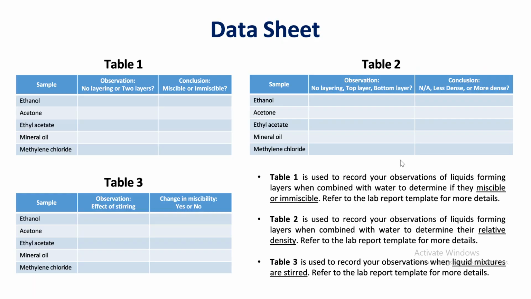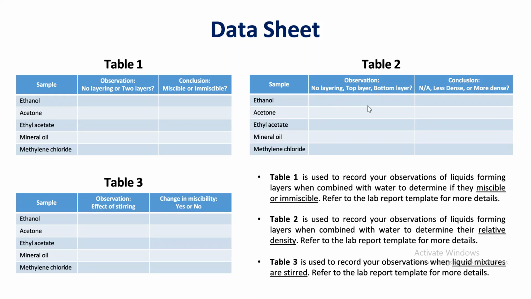So let's start off by showing you the tables again, which you'll find on your lab data sheet. For table 1, you are just going to say, do you see 2 layers or no layers, miscible or immiscible. For table 2, if you see any layering, you're going to say is it top layer or bottom layer.